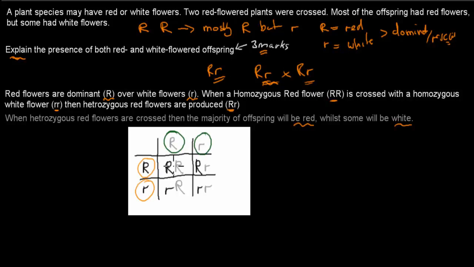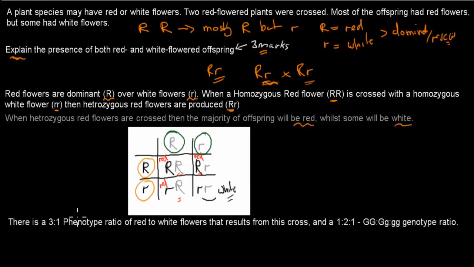If you cross them, you have this one being red, this one being red, and this one being red, because they have the capital R, which is always dominant, and this one being white, because it's homozygous white. And that's what I've written in the final part, just summarizing this Punnett square.